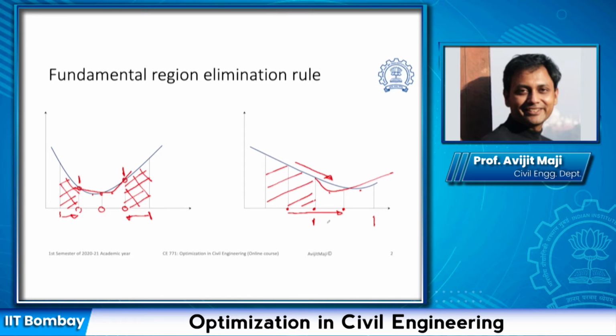And once we reasonably reduce our search space, we can continue with this process again and again to come closer and closer to the optimum solution, and we continue with this method until we reach the precision level we want. So one of the criteria of region elimination method is to establish some precision level which we intend, and which is going to tell us how close we are to the optimum solution.